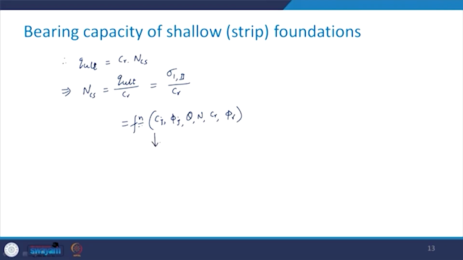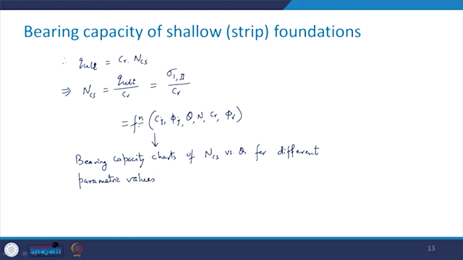So from here the bearing capacity charts of NCS versus theta for different parametric values of Cj, phi j, Cr and phi r can be obtained.